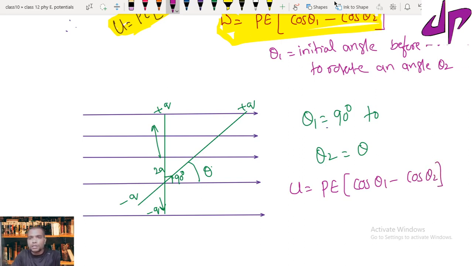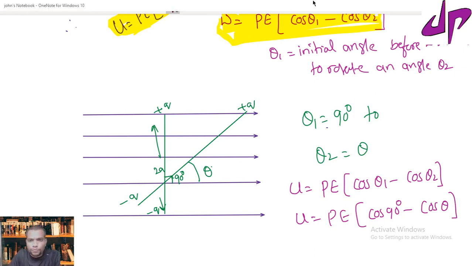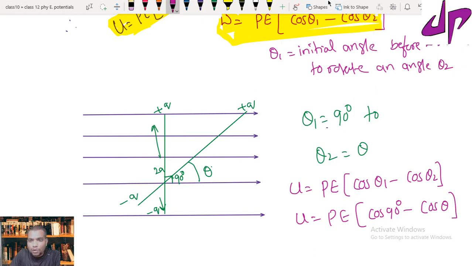Now substitute the corresponding θ1 value. You get potential energy U equals pE (cos 90 degrees minus cos θ), because we need to turn it to another angle θ. Now cos 90 goes to 0, so potential energy U equals minus pE cos θ.